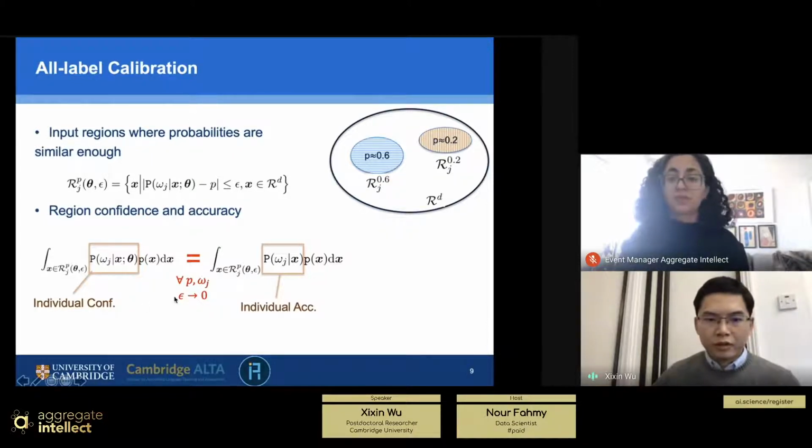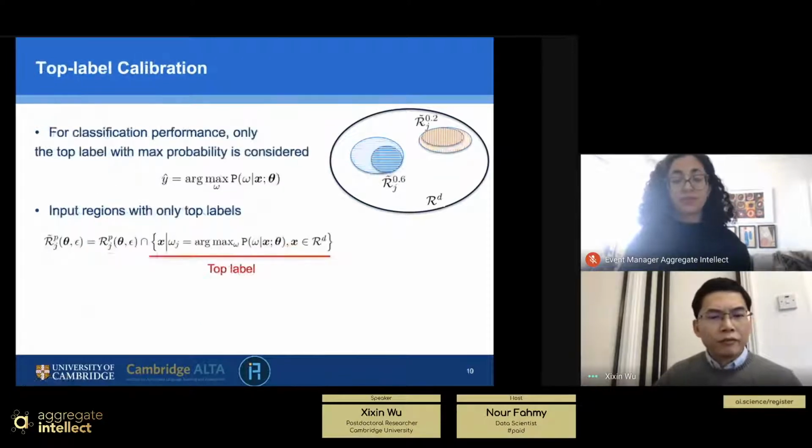For different values of epsilon, the size of this region is different. When epsilon is 1, basically this region will cover all of the space. But for classification, only the top label with the max probability is considered. So we also need to be careful with the regions with only top labels. And this is directly related to the classification performance of the classification system.